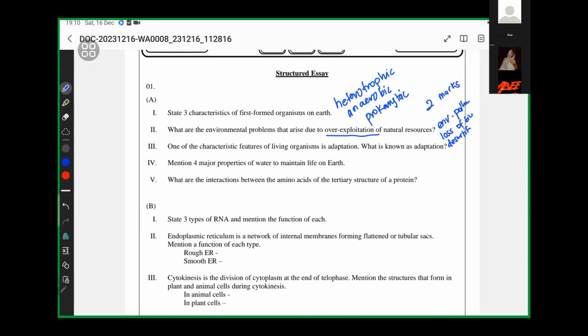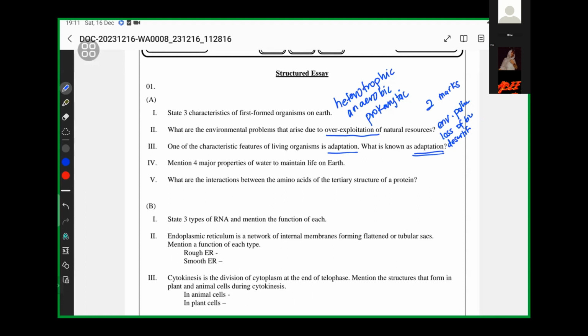The next question is, one of the characteristic features of living organisms is adaptation. What is known as adaptation? I'm not going to tell you the definition. You have the definition in your resource book. It is a peculiarity of structure, physiology, or behavior that promotes the likelihood of an organism's survival and reproduction in a particular environment.